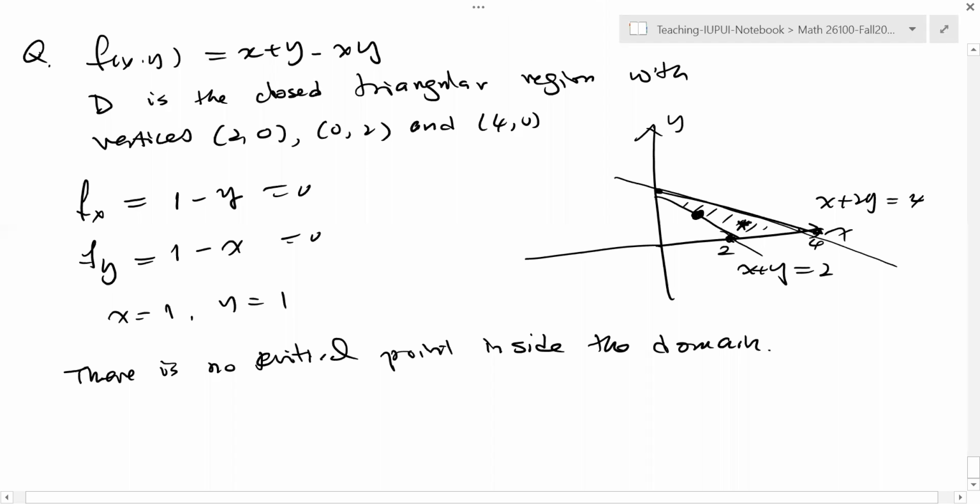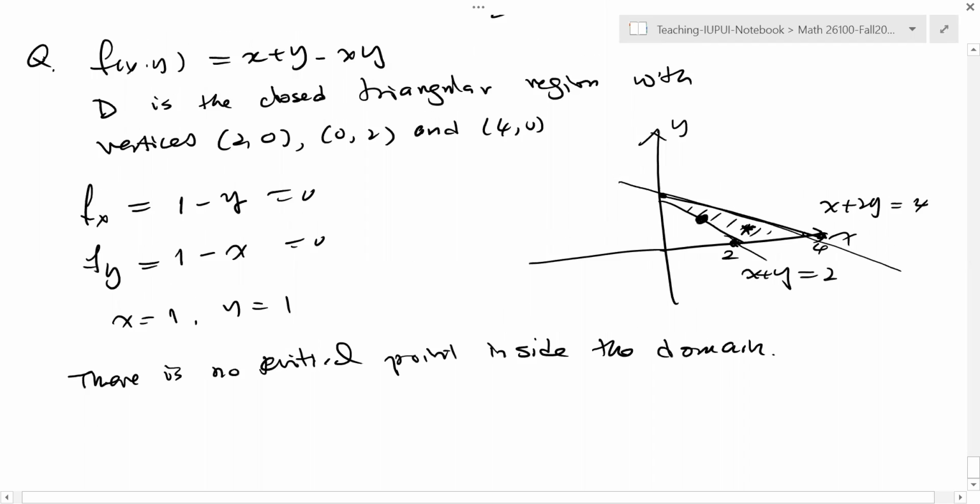So in order to find the absolute maximum value, the function attains the absolute maximum value on the boundary.